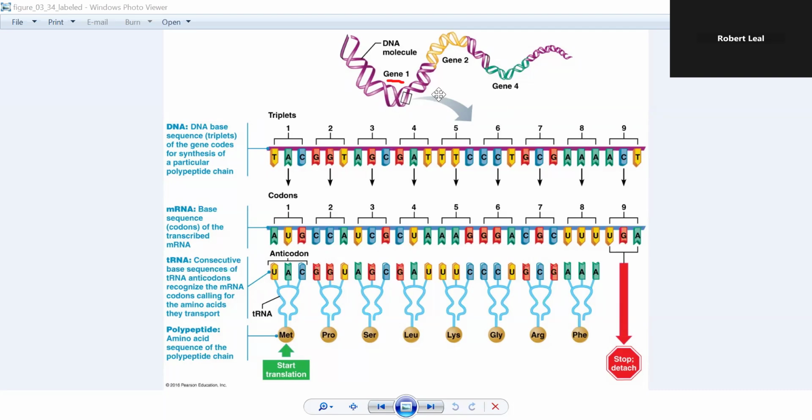So let's just take one gene into consideration. In one of the strands of DNA, they've shown us the nitrogen bases here. So here you've got thymine, adenine, and cytosine. The next ones, you've got guanine, thymine. Okay, so you'll have an enzyme unwind the DNA and make messenger RNA.